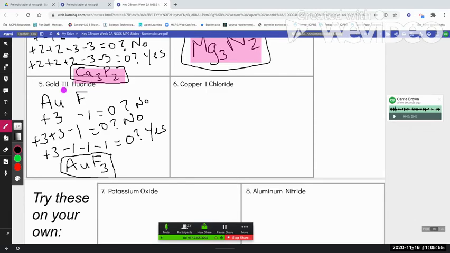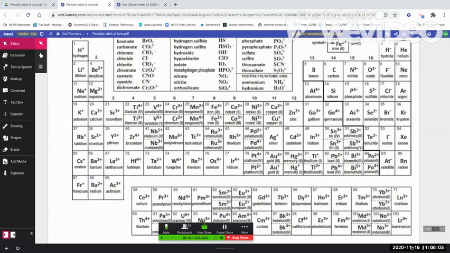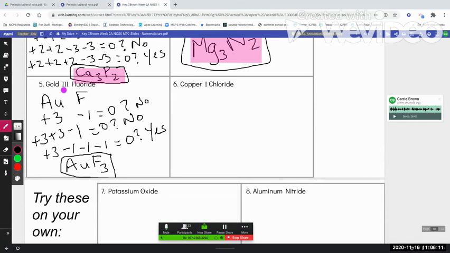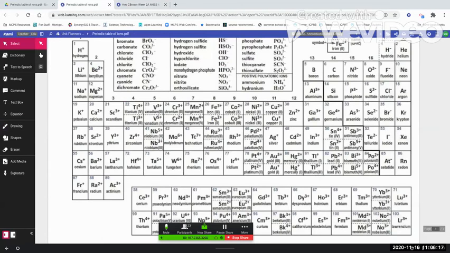And then for copper 1 chloride. So copper, if you look here, it's in the middle. It's atomic number 29. So I have a copper and I have 1 Roman numeral, so its charge is a +1. And then chloride has to be on the right-hand side.